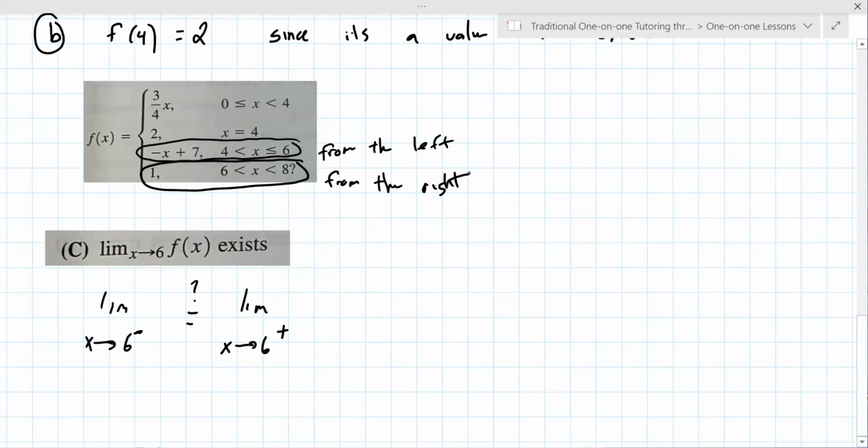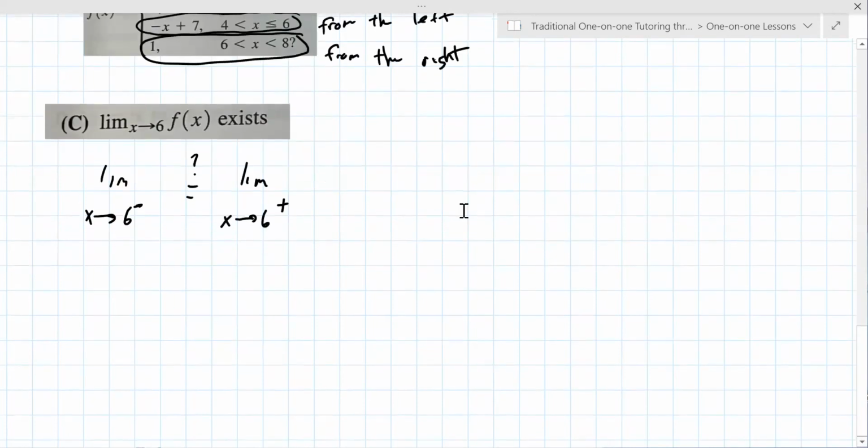Okay. So the work here is to use those. The limit as x approaches 6 from the left, we're using this minus x plus 7. So this equals f of x, which equals minus 6 plus 7, which is 1.